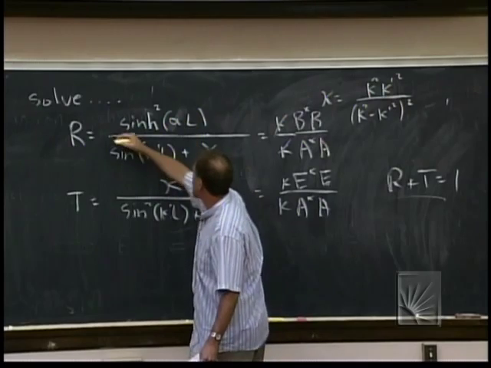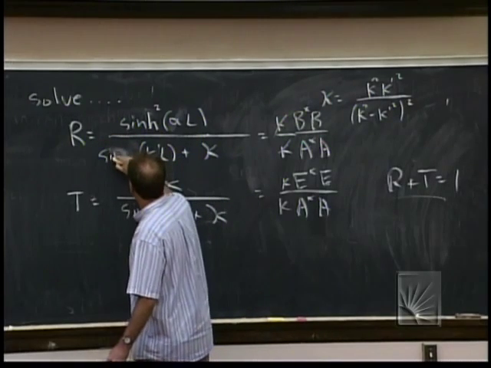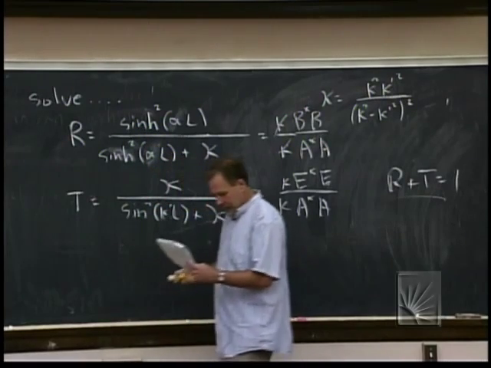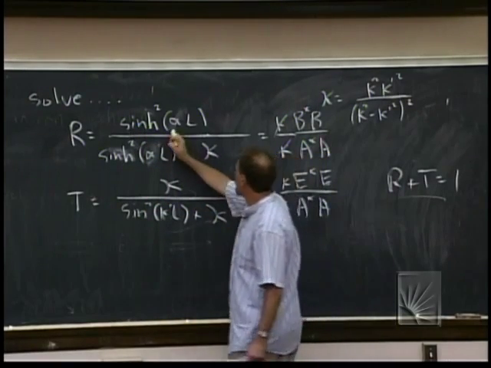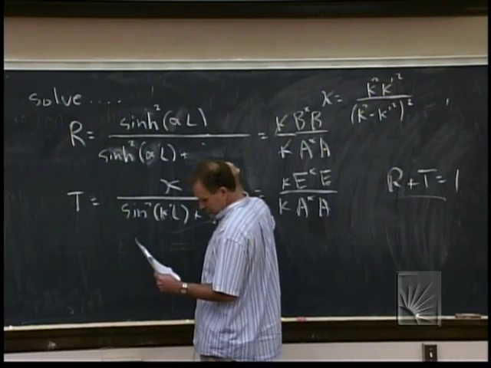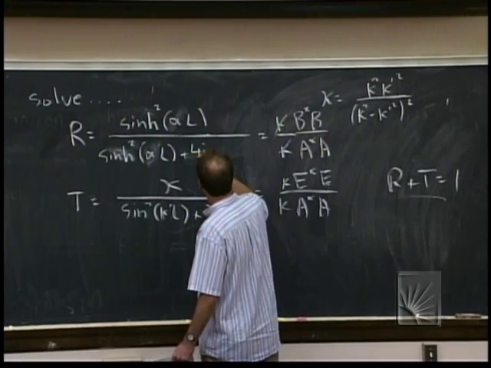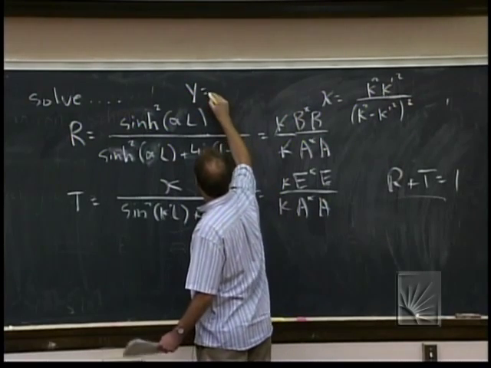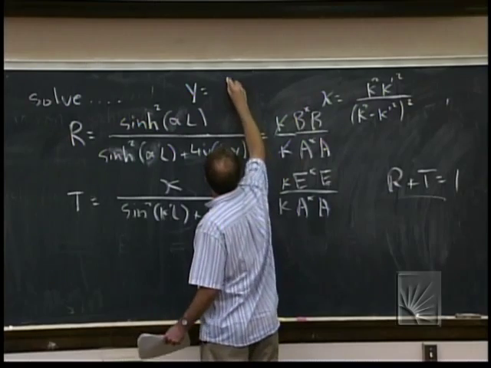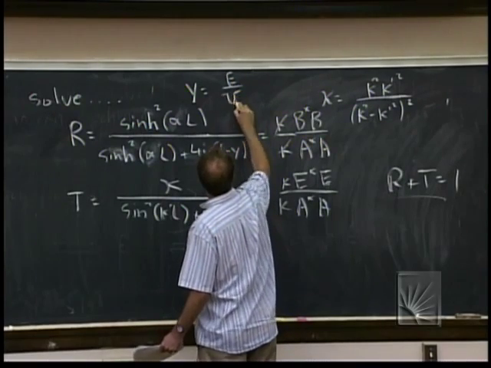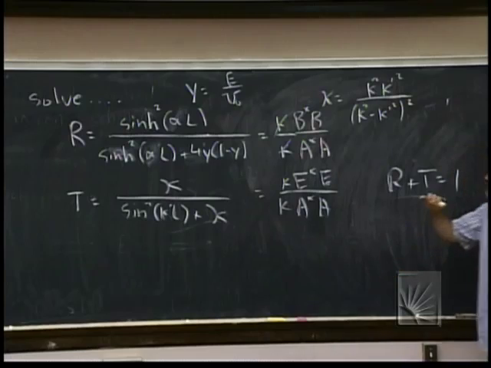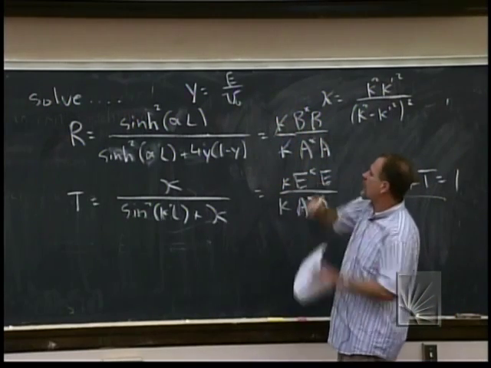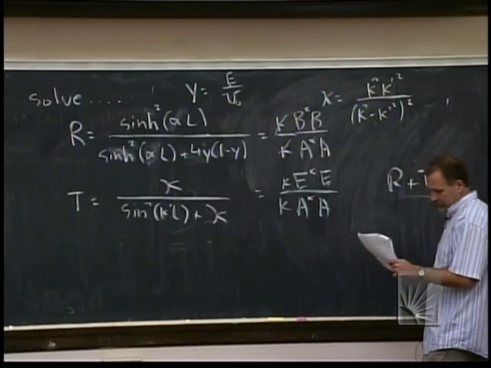It's not so surprising that there's a very simple change from the behavior in the previous problem to now, but it's not completely the same. This is 4y times 1 minus y, where y is the energy over U0. Just a fraction of the energy of the potential. Y hitting 1 is where you're just exactly able to overcome the barrier.